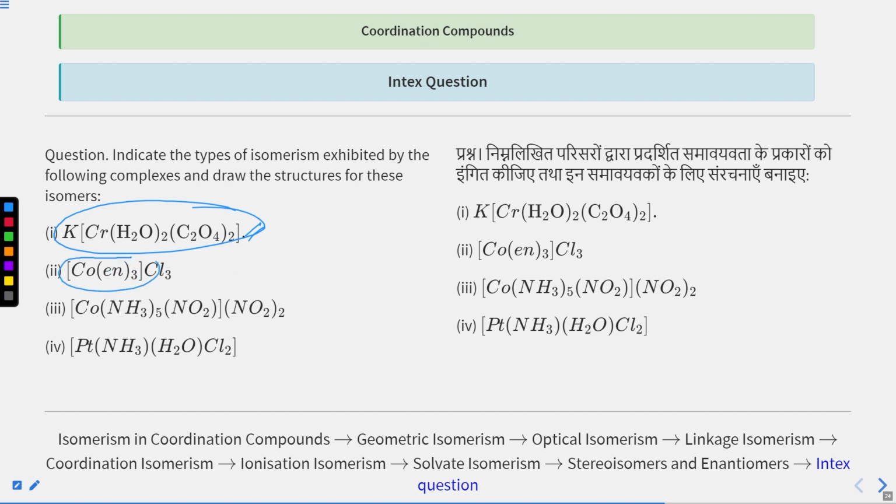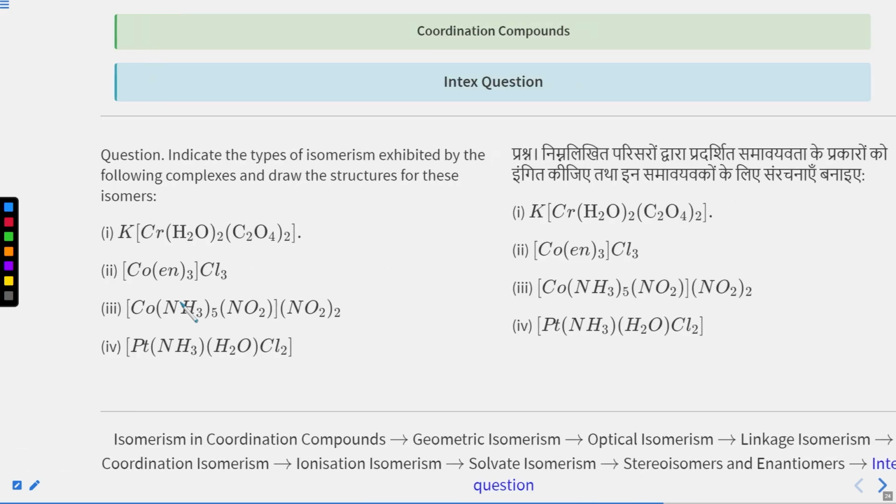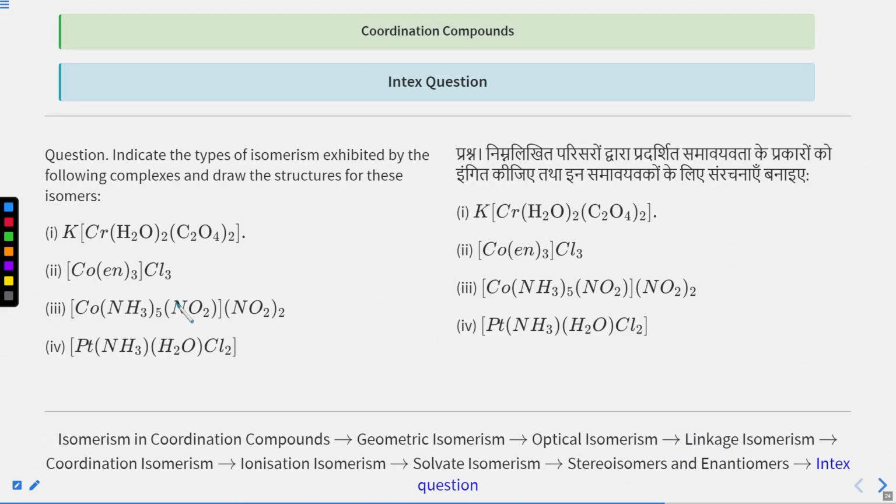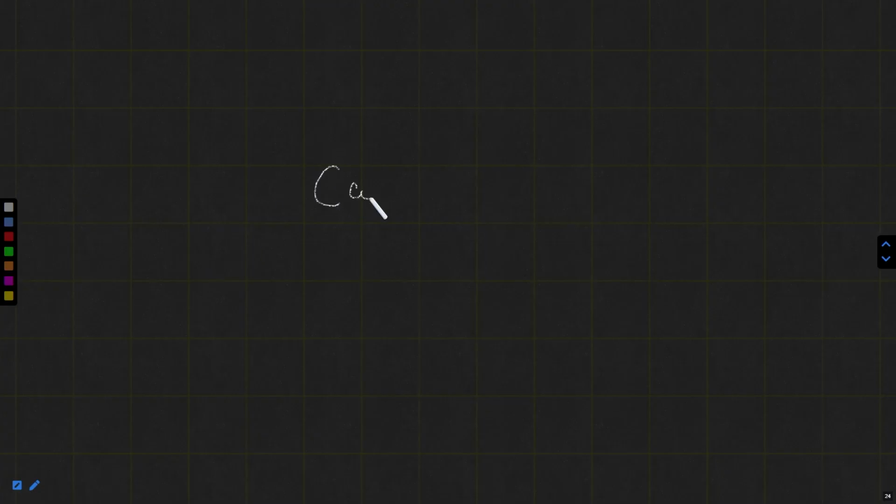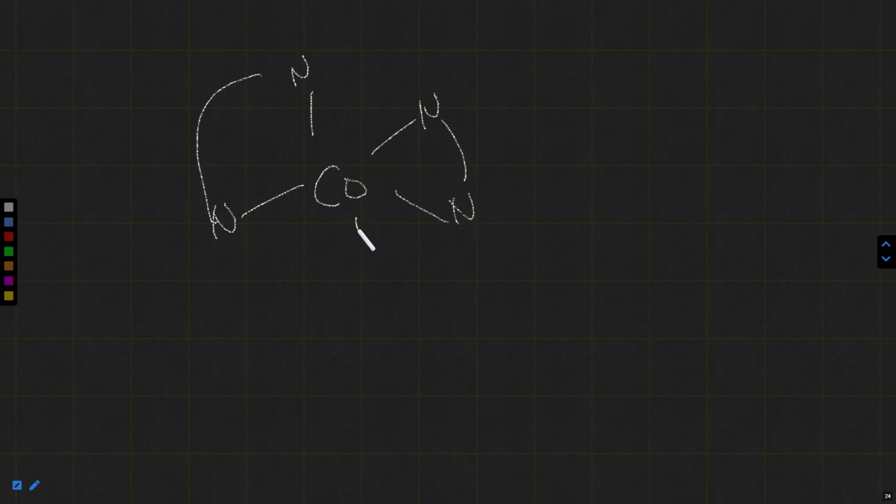Talking about ethylenediamine, just try to draw it. If you have ethylenediamine, there can be three. Let me draw the structure of ethylenediamine. It will be in this fashion. I am just drawing the chelating ligand, not the middle one, this way.